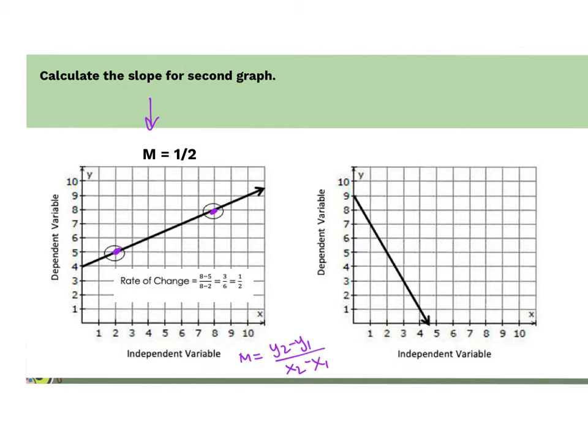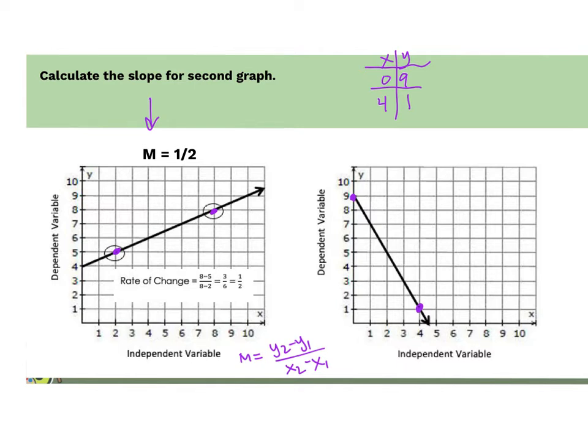So for the second graph, let's find the slope. So I'm going to use the point 0, 9 for my first one. And then I'm looking for points that overlap directly. So I see the point 4, 1.